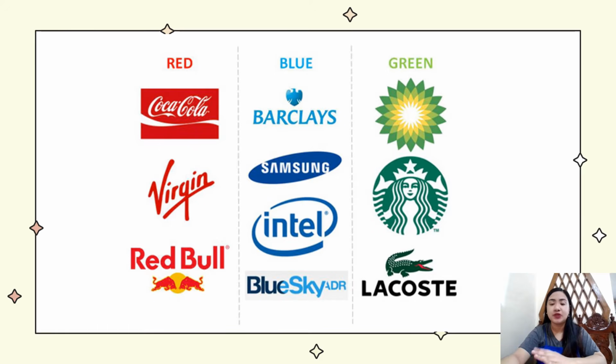Some companies use blue to show intelligence and being wise. And some companies made use of green since green means nature, flourishing, abundance, and freshness. So here are some examples of companies which use red, blue, and green as the color of their business logo.